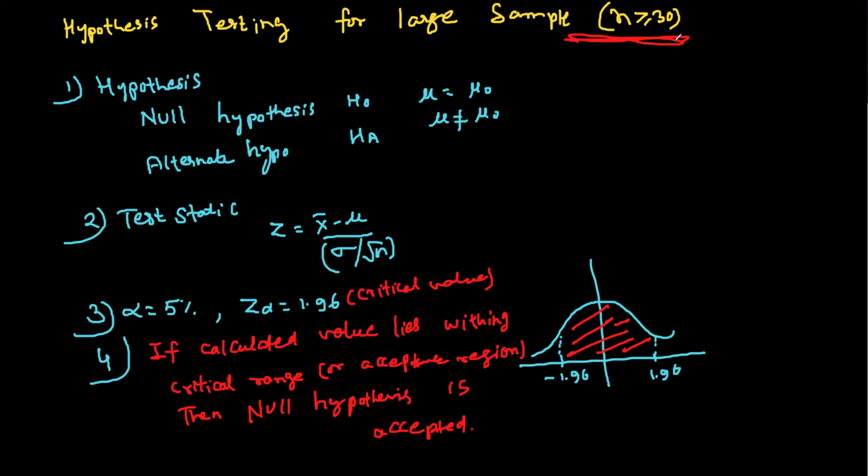Alpha is 5%, so 95% is the confidence level. If it is not given, then consider 5%.